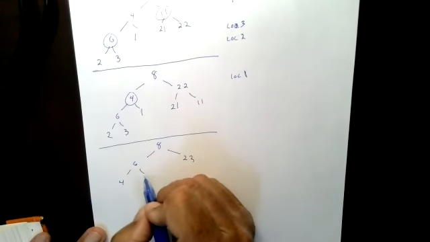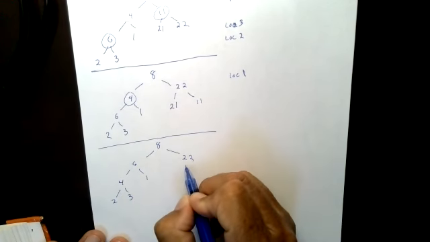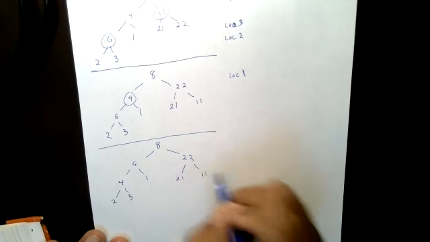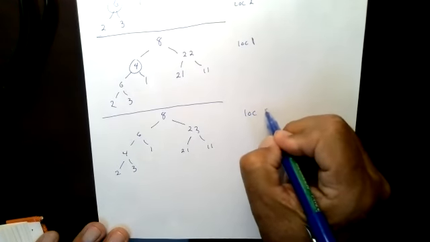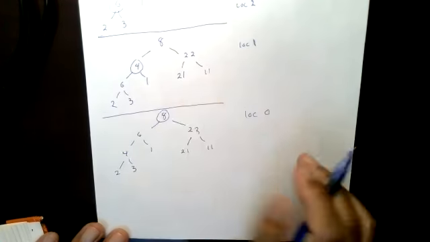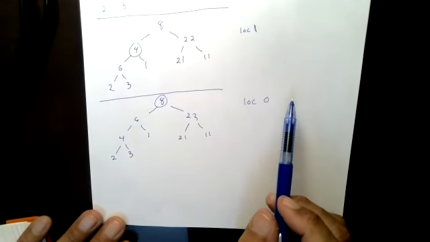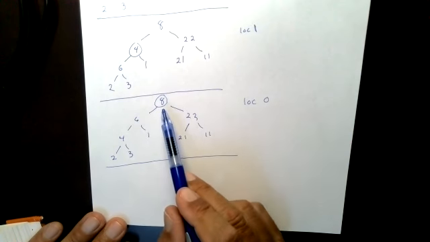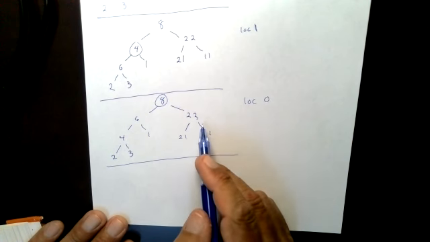There's the 4, the 1, 2, 3, 21, 11. Now I'm checking my last location, which is location 0. Where is 8 going to end up? Is it smaller than the largest child? Yes. So it's going to go here.